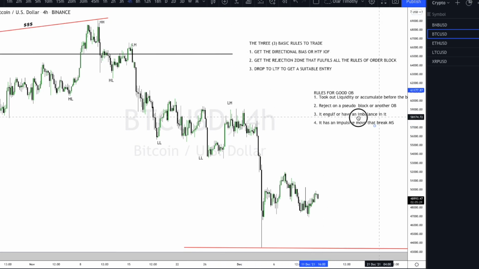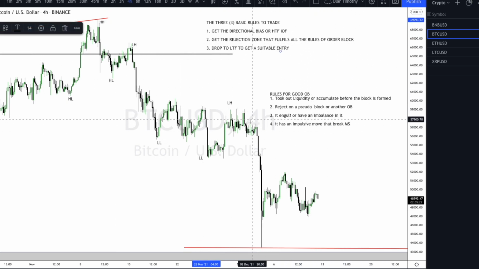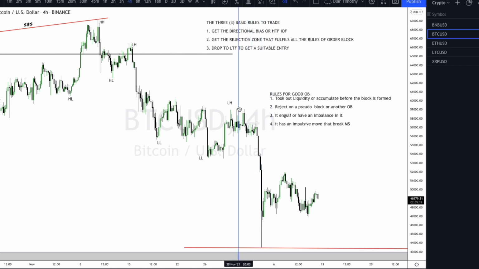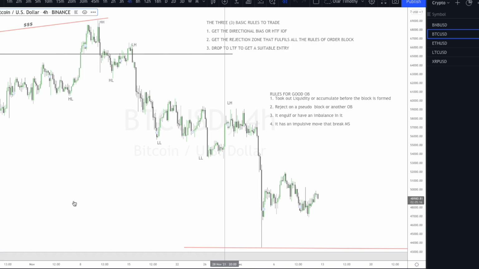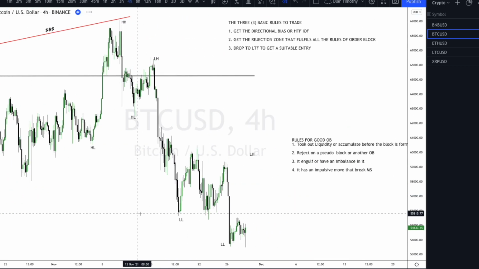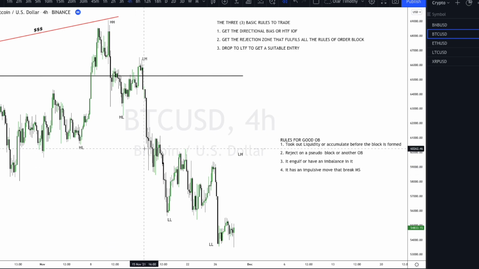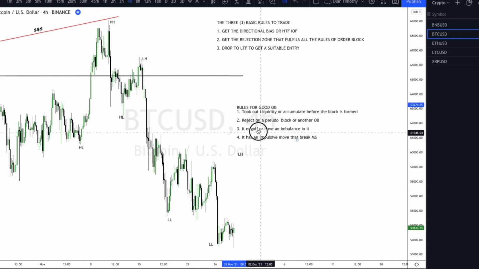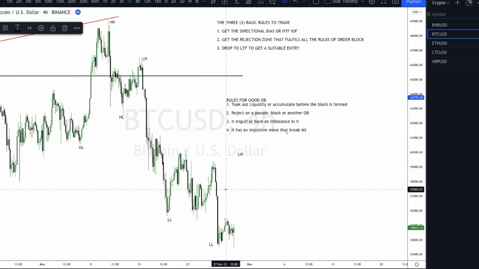This is where I got my rules from. After getting directional bias, I've already established the fact that the market is bearish. So this was when I got into the market, where the market is creating this kind of a setup. This was when I saw this particular setup here. I can see something like this in this area, so I began to look for a good OB for me to trade from.